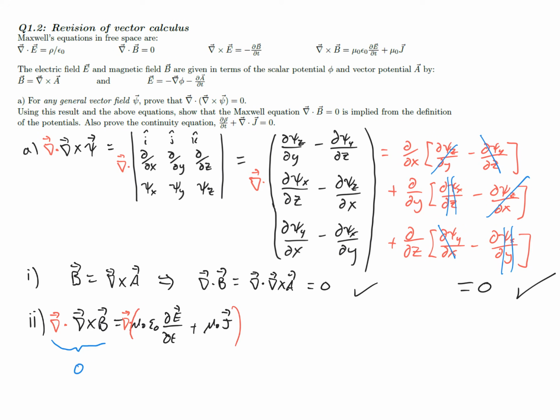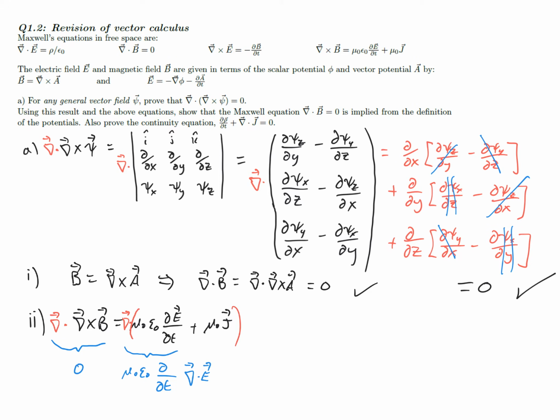I have, in here, some constant, mu naught epsilon naught, times d by dt of the divergence of the electric field. Now, I was able to permute the order of the spatial derivatives and the time derivatives because they're partial derivatives and they're with respect to different variables, so they commute. Good.